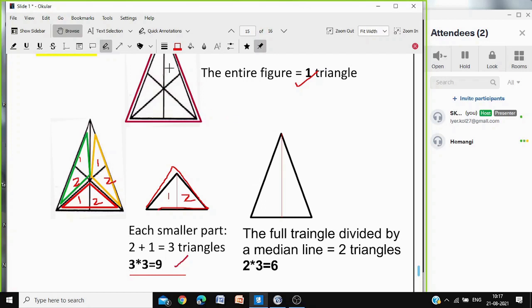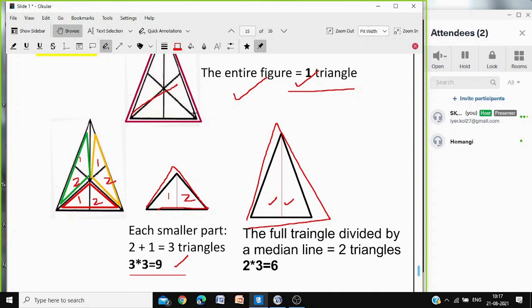And the full triangle, if you divide like this, you will get 2 triangles. We are not saying 3 triangles because this one we have already included. So you can't be including it twice. The whole triangle you have already included, so you can't include it 2 times. Actually it will be 3, but since I have already included this one triangle, I am not including it. So you will get 2. Similarly, if you divide like this, you will get 2. 1, 2.